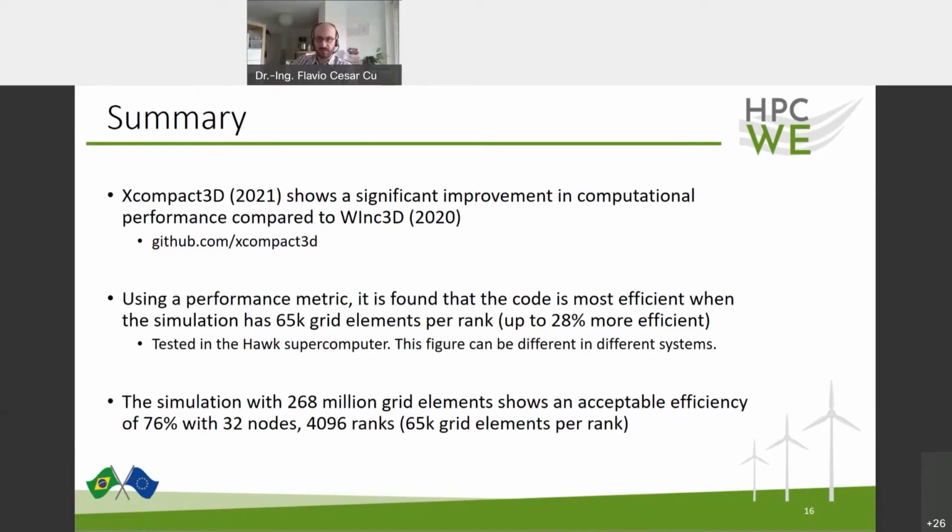Just a remark, this was tested in the Hawk supercomputer. This figure, 65,000 grid elements per rank, can be different in different systems. And the simulation with these 268 million grid elements showed acceptable performance up to 4,000 ranks.